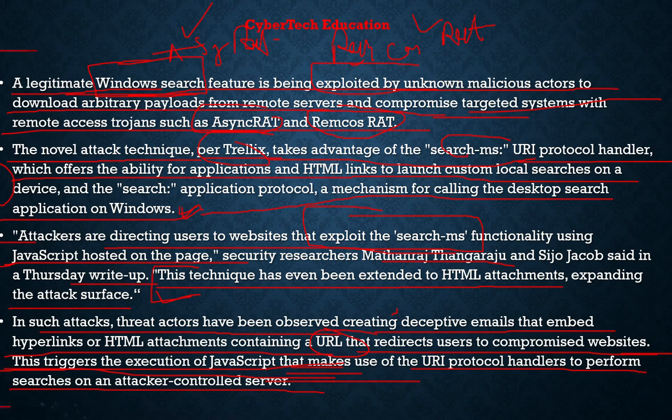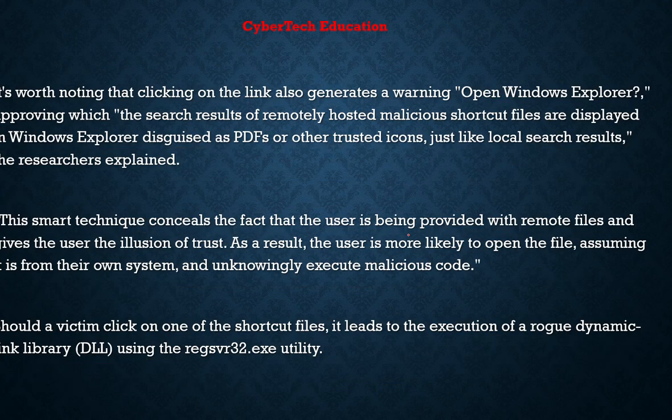It is also worth noting that clicking on the link generates a warning to open Windows Explorer. Even though it generates a warning, after approving it, the search results show remotely hosted malicious shortcut files in Windows Explorer, disguised with PDF or other trusted icons, just like local search results, as the researcher explained.